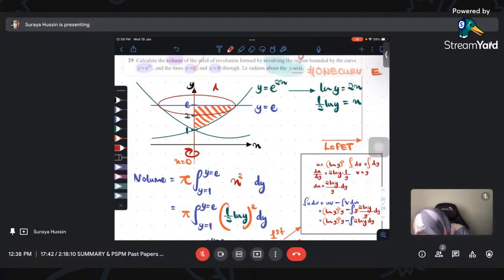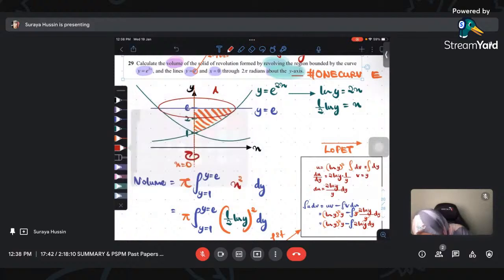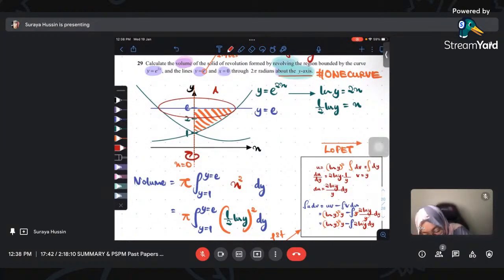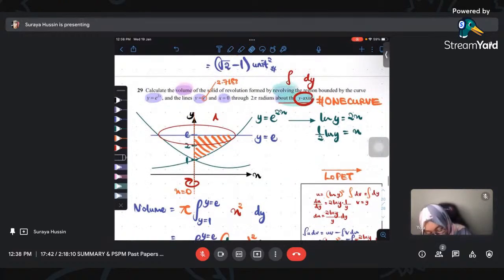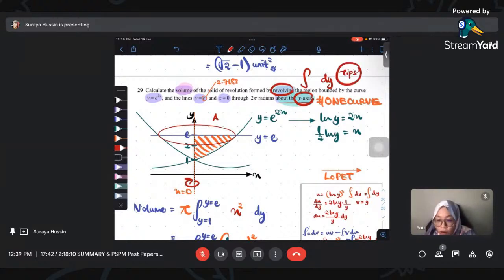Okay, revolving about here, if it says y exists, confirm, it must be with respect to y and the integral of y. From there you already get the information. That is the first tip I can give. It's a very good tip for all of us.